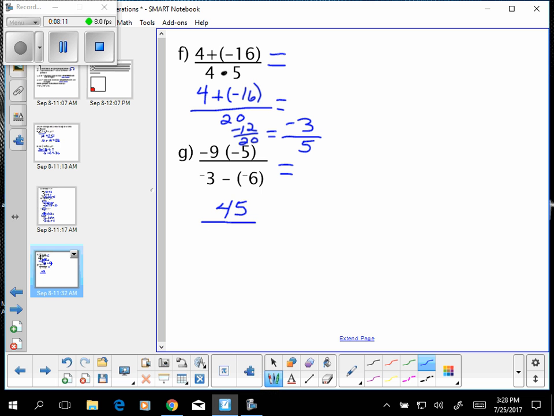And then I copy the rest of the problem down. Then I'm going to take care of the subtraction by rewriting. I will get 45 over 3, which equals 15.